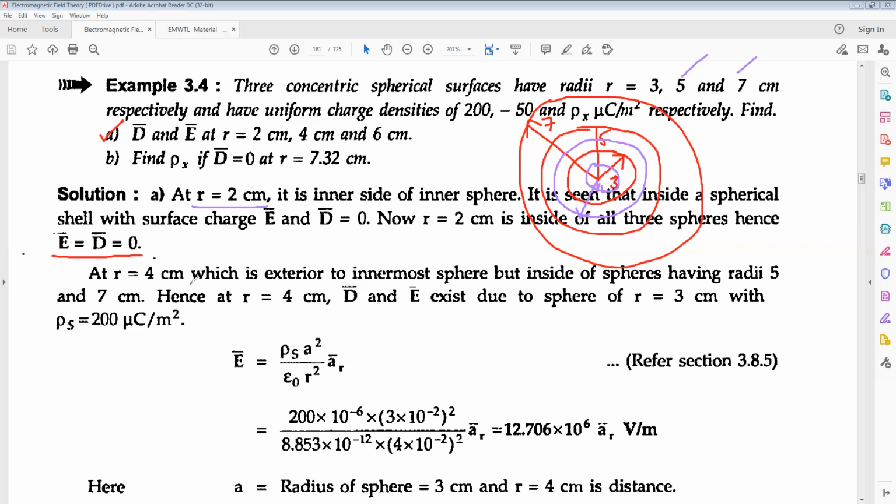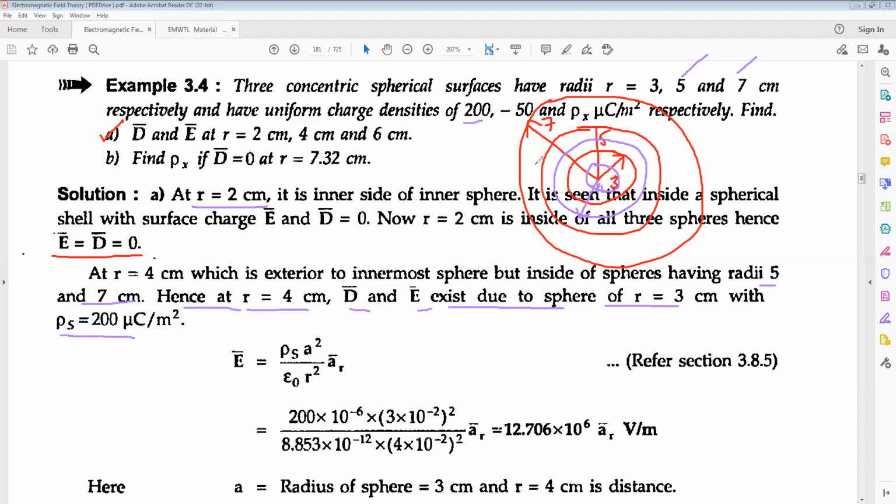So R is equal to 4 centimeters is exterior to the innermost sphere, but inside the spheres having radii 5 and 7. Hence, at R is equal to 4 centimeters, D bar and E bar exist due to the sphere of radius 3, with rho s equal to 200 microcoulomb per meter square. Got it, my dear students?